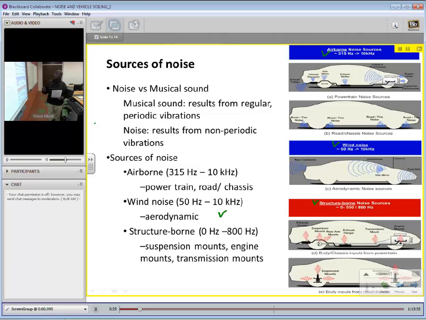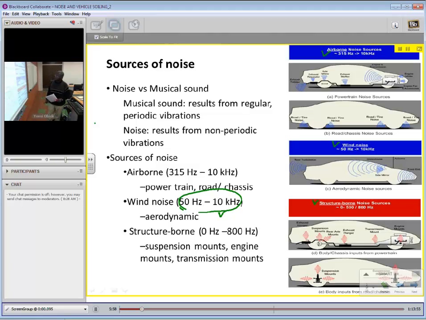It's easier to feel the head-on noise or the side noise, that's the lateral noise, than the tailwind noise, because the tailwind noise just smoothens into the flow and favors the flow in the direction that the vehicle is going. So that aerodynamic noise falls generally in the range between 50 hertz, which is really low, and 10 kilohertz.